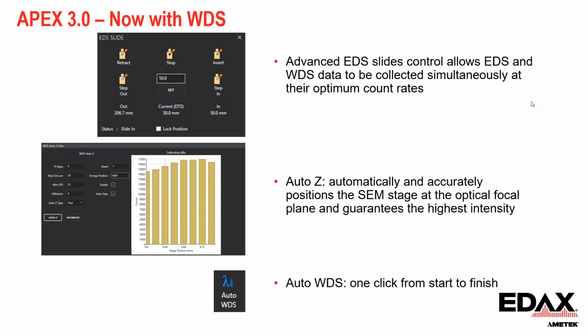Sometimes at this high beam current, the EDS detector may be saturated. With this option, you can control the retract of the EDS detector. You can park the EDS detector at a specific location so that both EDS and WDS data can be collected simultaneously at their optimum count rates.